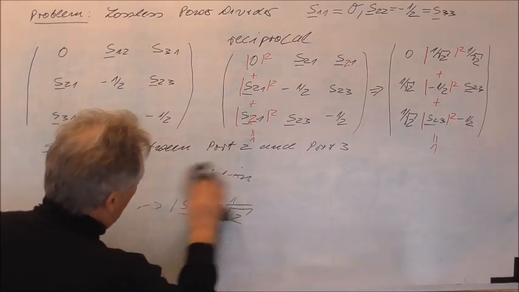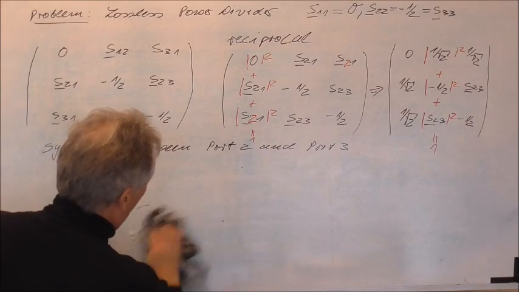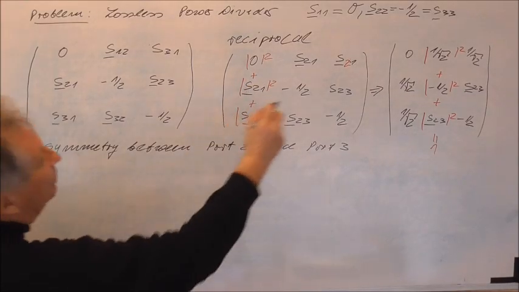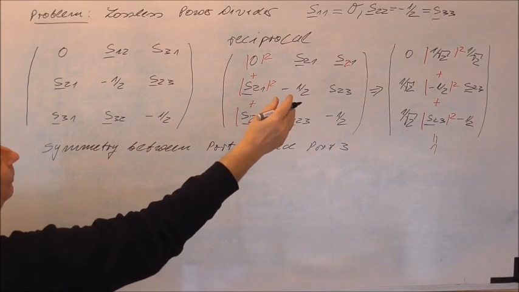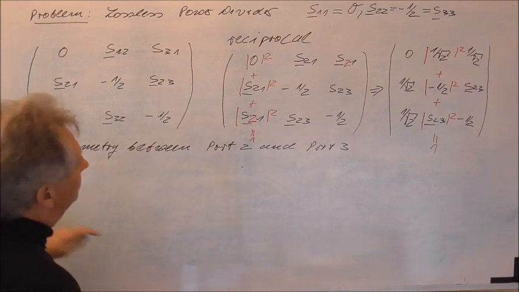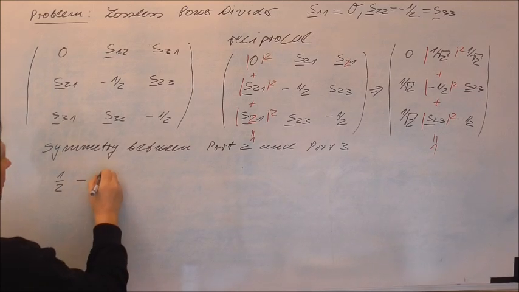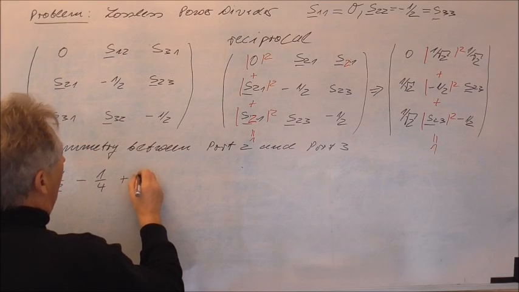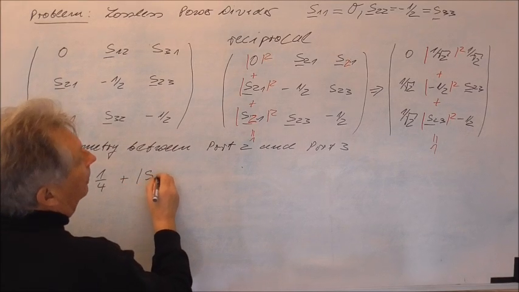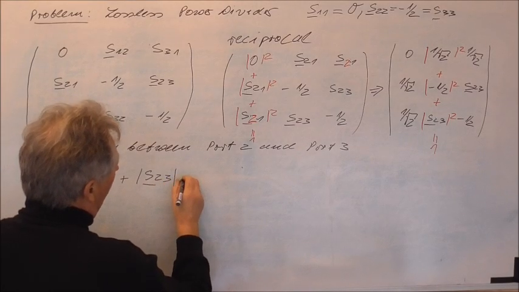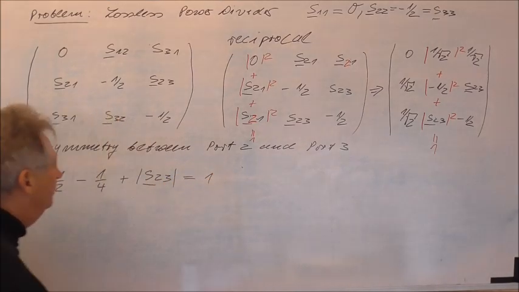I delete this here. We can conclude that the absolute value squared of 1 half is 1 half here, minus 1 over 4, plus the absolute value squared of S23 must be equal to 1.